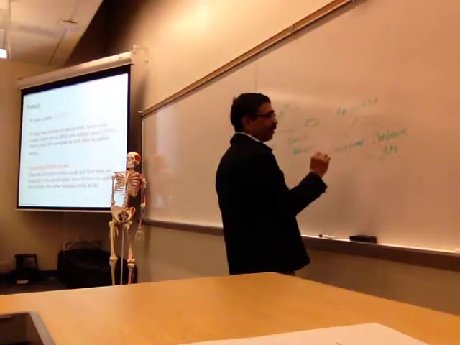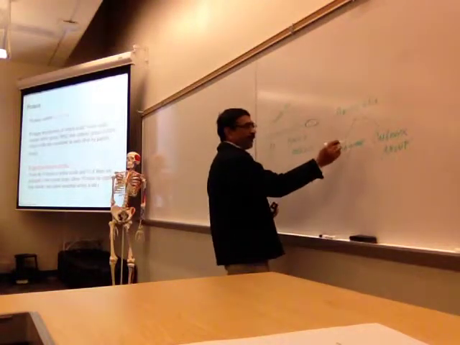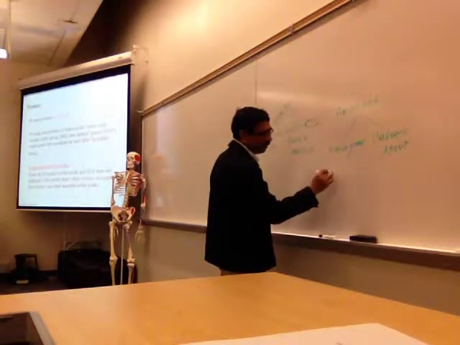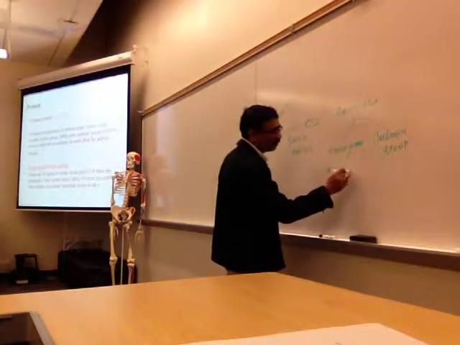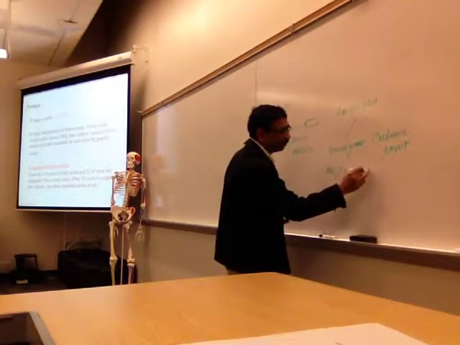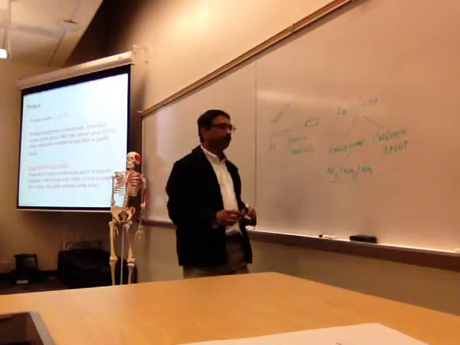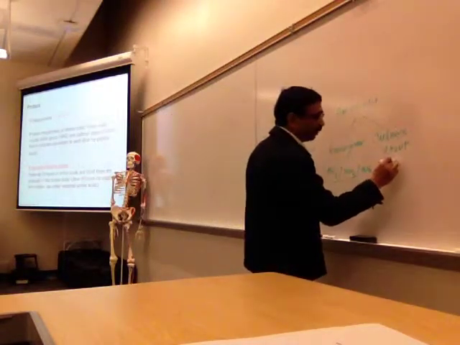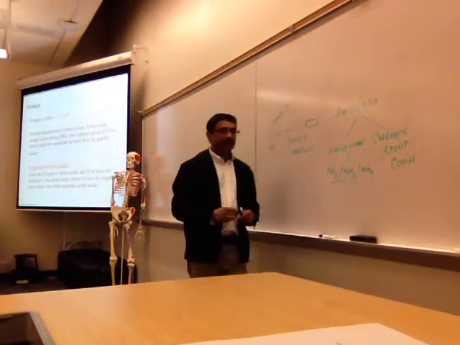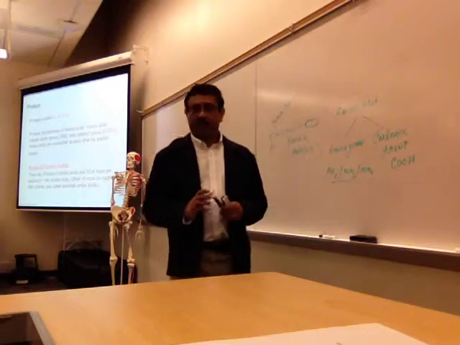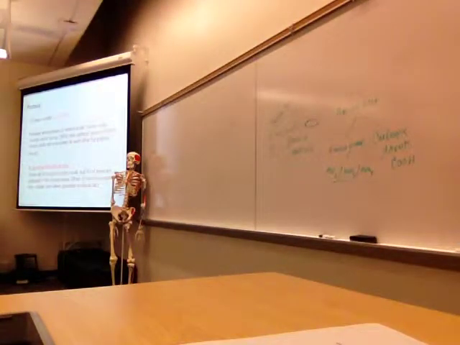One is the amino group, another is the carboxyl group. The amino group is NH. It could be NH2, NH3 or NH4. So these are amino. The carboxyl group is COOH. Okay, so an amino acid consists of amino and carboxyl groups.